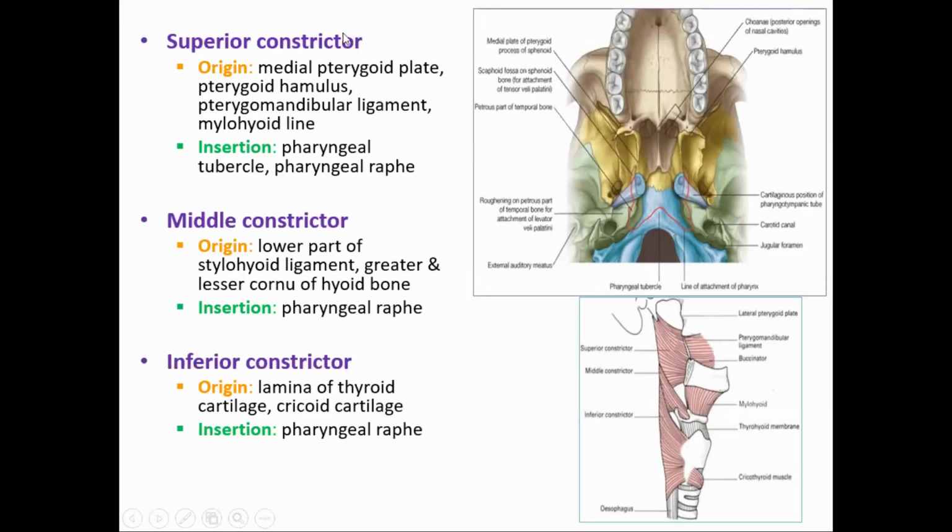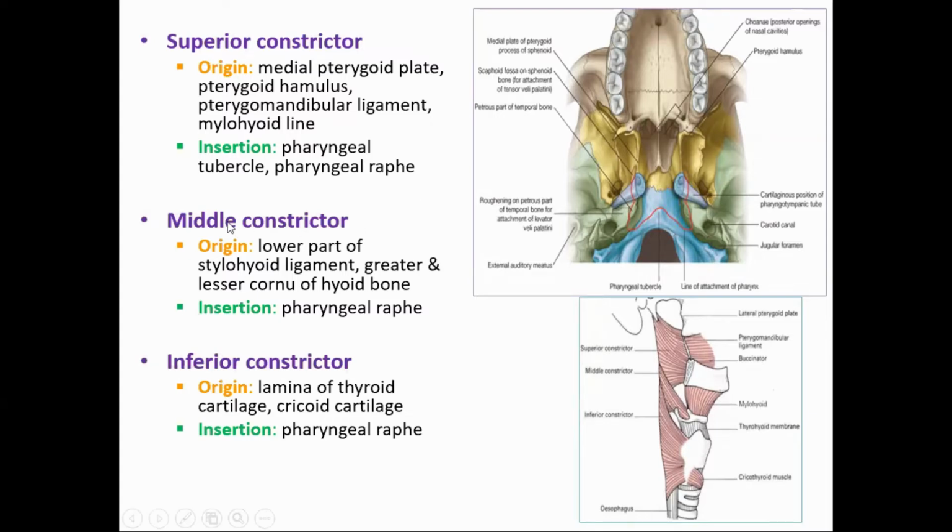Buccopharyngeal fascia. Superior constrictor origin is from the medial pterygoid plate, the pterygoid hamulus, the pterygomandibular ligament, and the posterior part of the mylohyoid line. Insertion of the constrictor muscles is common, in the pharyngeal raphe.